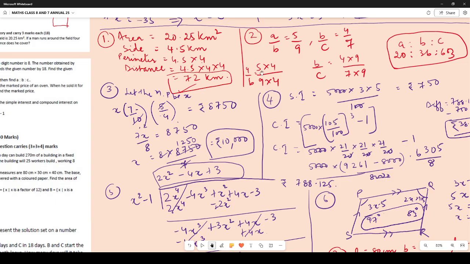So what do we get over here? We get 20. Now the value of B is standardized. So we get 20 by 63, and here B is 63 by 36. 9 4s are 36.